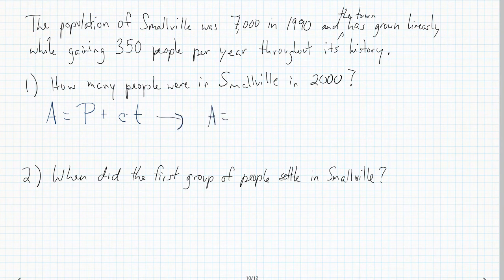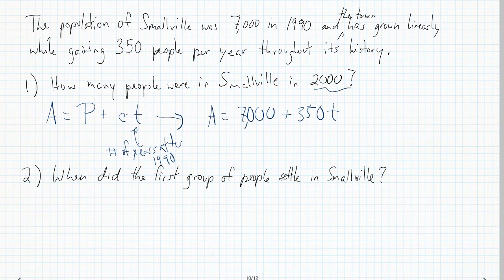Well, this is 7,000. And notice we're gaining 350 people per year. And so the T is going to be the number of years after 1990. Okay? So if we're at 2,000, notice we go 2,000 minus 1990, that's 10 is our value.